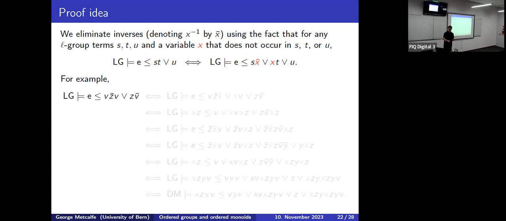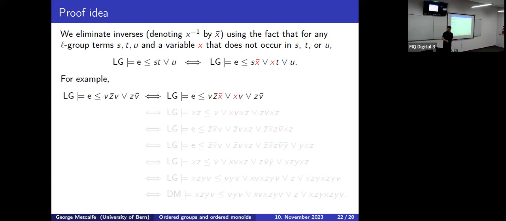I want to give an example. So suppose we want to check if this equation is valid in all L groups. And we want to do it by eliminating inverses. Now, what we can't do is just multiply through. Well, we could multiply through by V on the right, but then we would have Z inverse in the middle, which we couldn't eliminate so easily.